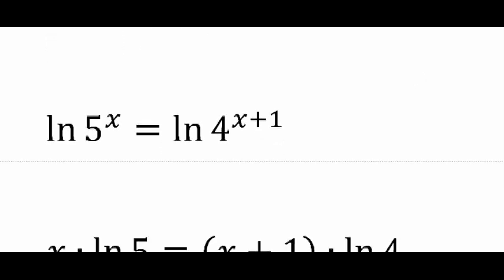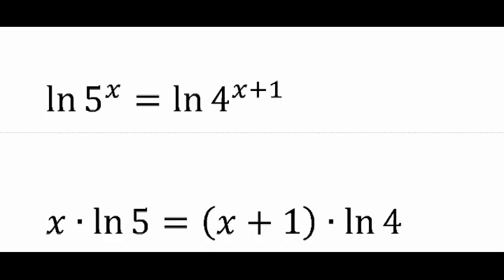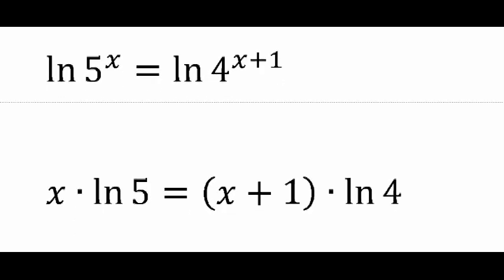The next step is, since we know one of the laws of logarithms says that the log of some number to some power is that power multiplied by the logarithm of the number, we can make use of that law of logarithms. That becomes x times the logarithm of 5 equals the quantity x plus 1 times the logarithm of 4.